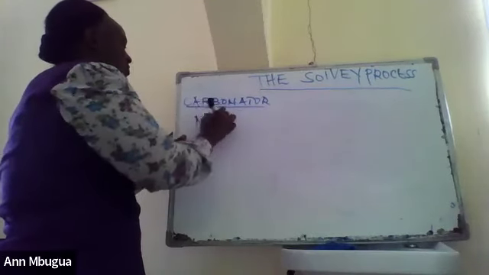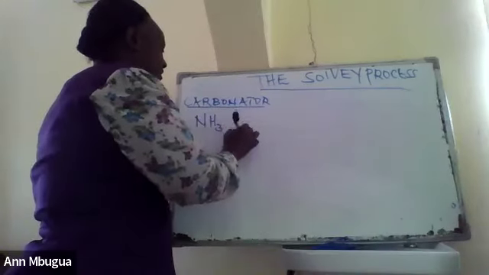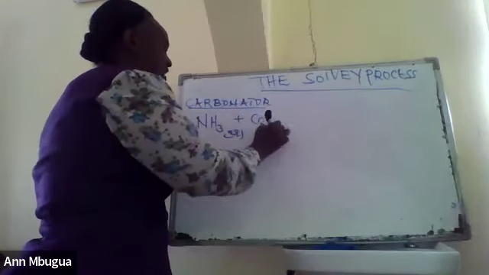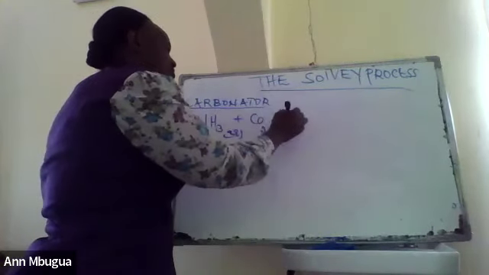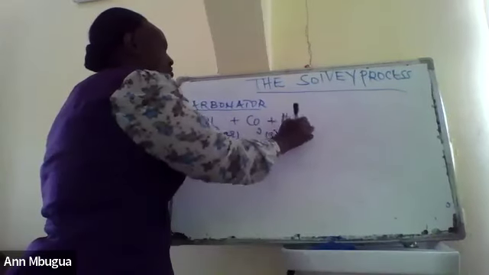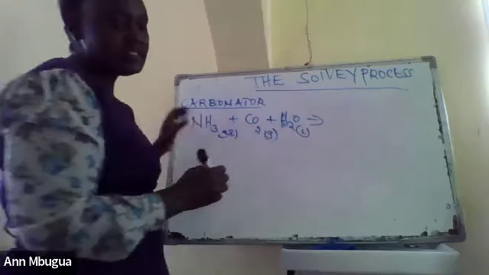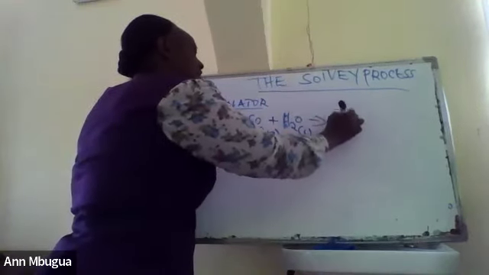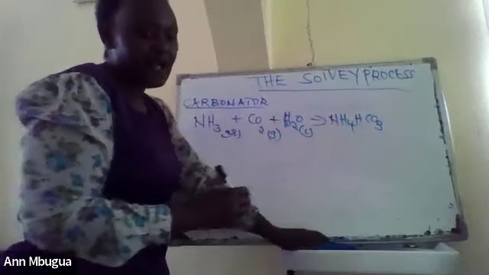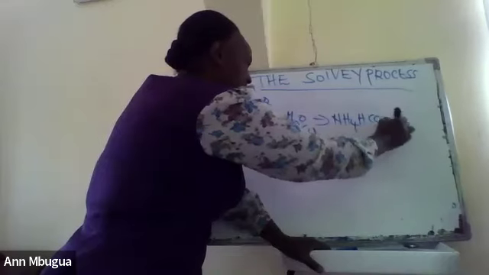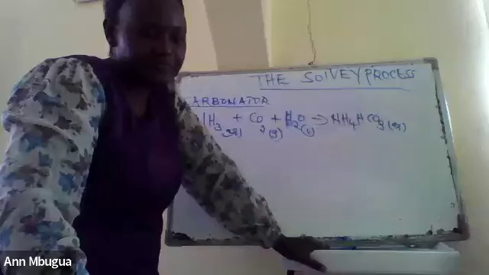The ammonia from the ammoniacal brine is aqueous, and it reacts with the carbon dioxide from the kiln. And we said this process needs to be cooled down by water, so there is presence of water. And when these three combine, we end up with ammonium hydrogen carbonate. That is the first reaction that takes place in the carbonator.